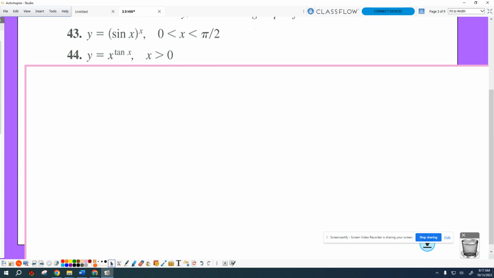Try that one. Oh. I actually need to make the restriction more clear. Because they can't do, x can't be pi over 2.